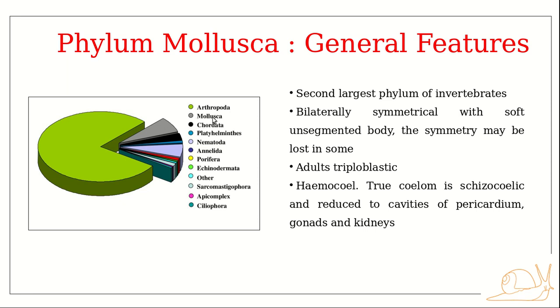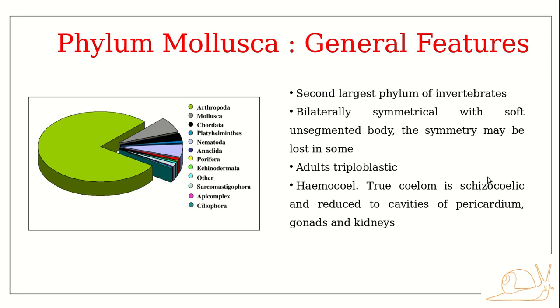When we speak about the general characteristic features of the mollusks, they are essentially aquatic, mostly marine, a few freshwater, and some terrestrial forms are also found. Mollusks are generally soft-bodied, bilaterally symmetrical organisms with an unsegmented body.